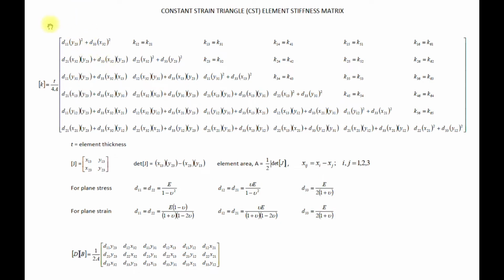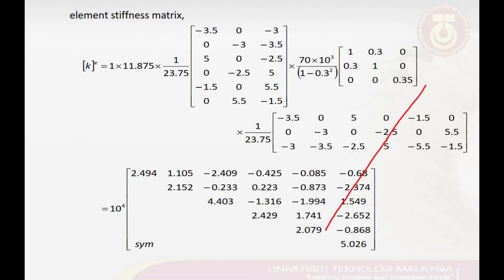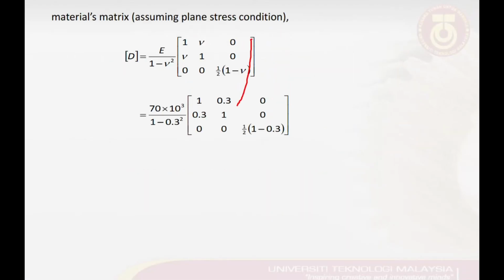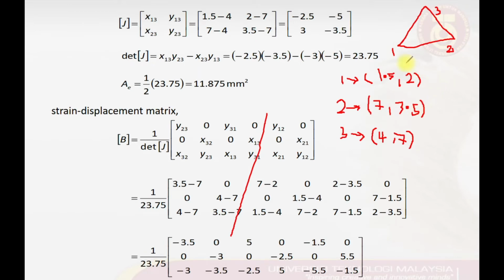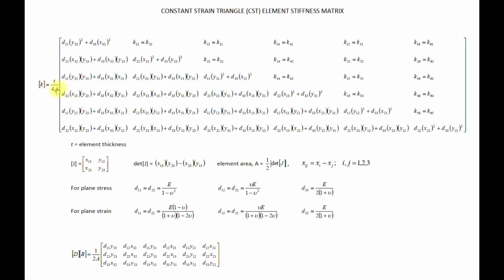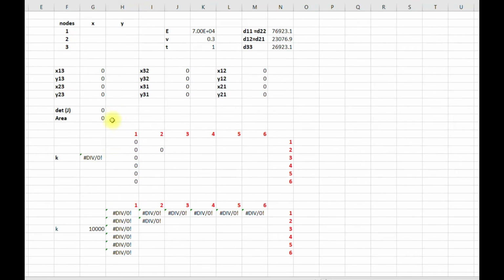For example, I substitute the coordinates at each nodal point, as given by these three coordinates in the x and y Cartesian coordinate system, into this K matrix for the CST, which I have set up in my Excel here.